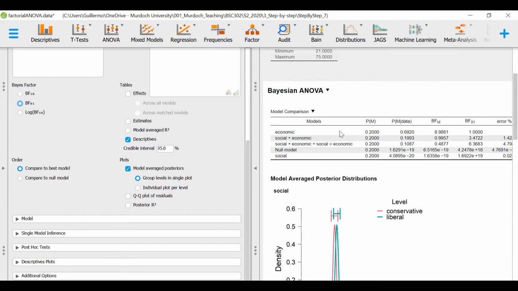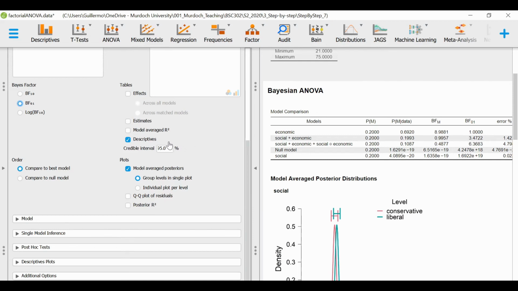Economic versus null is a number with 18 digits, and versus social is a number with 19 digits. So that's telling us that the model with the variable economic only is the best model, and it is 3.5 times better than the model with two variables.